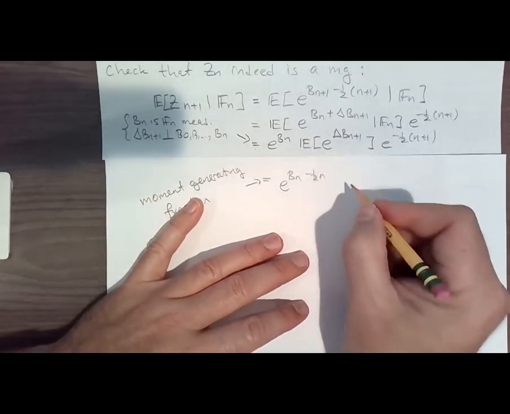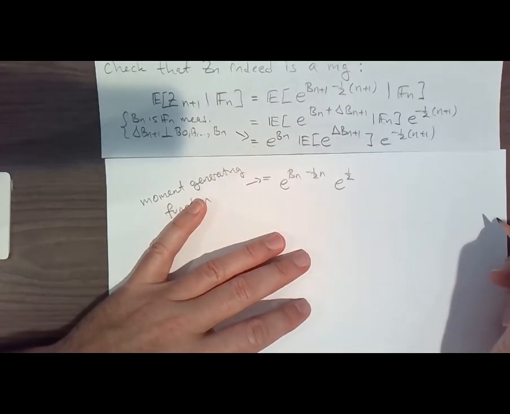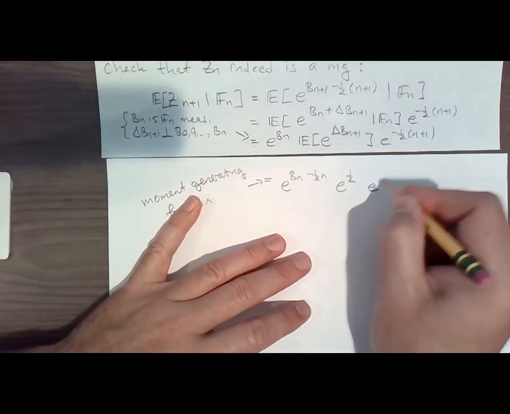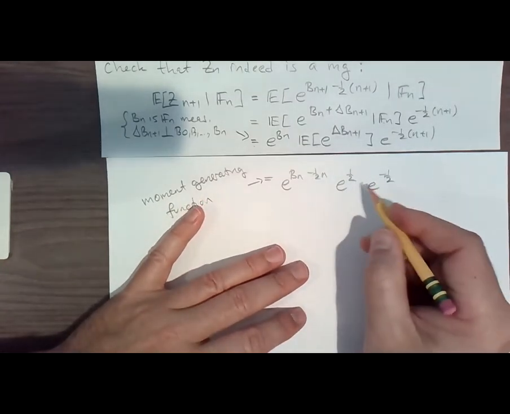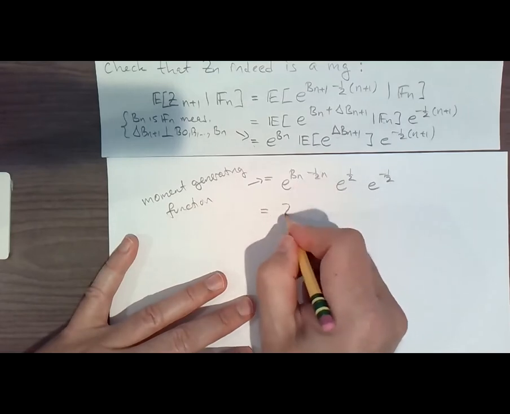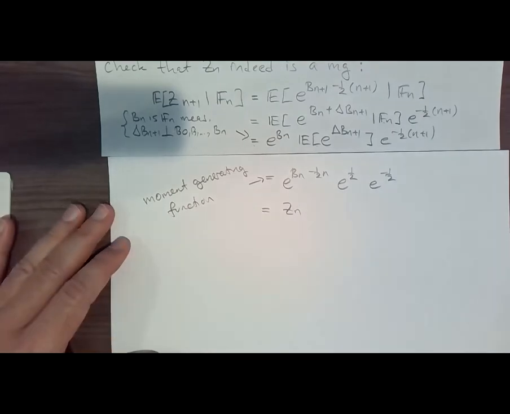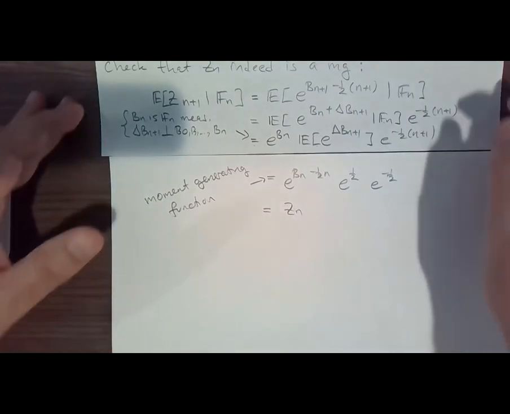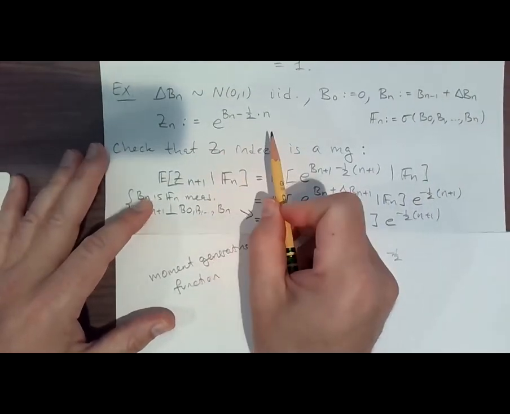And then the moment generating function will be e to the 1/2, because this was standard normal. And then I have e to the minus 1/2. And we can see that these two cancel out, and I'm left with the first term. This was my Zn. So this object up here is a martingale.